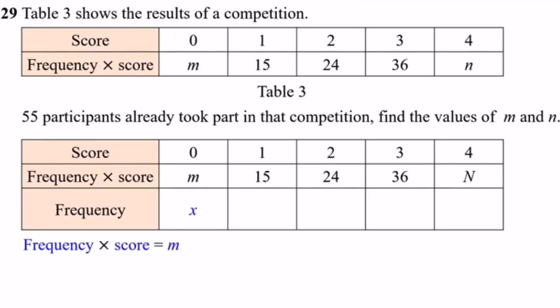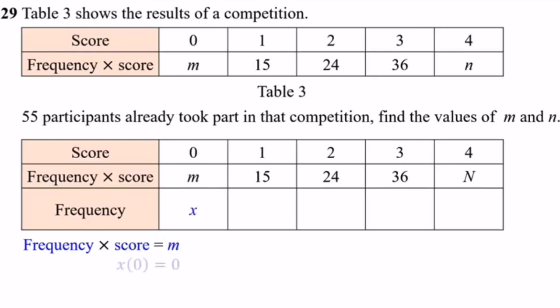If I take x times 0, I will get the m. So x times 0, I get 0, right? So I can say m is 0. That's how I solve the m.